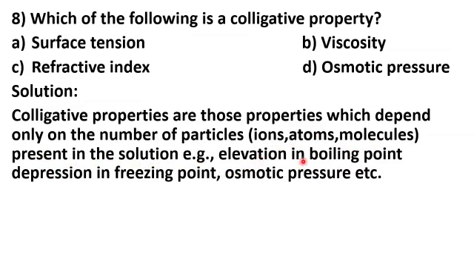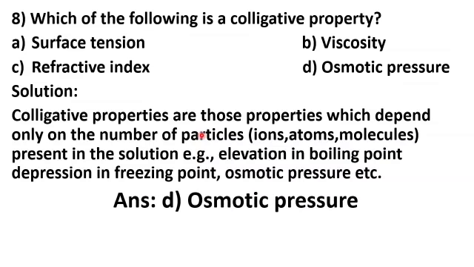For example, elevation in boiling point, depression in freezing point, and osmotic pressure. Here, osmotic pressure is a colligative property which depends only on the number of particles and not on the nature. Hence option D is the correct option.